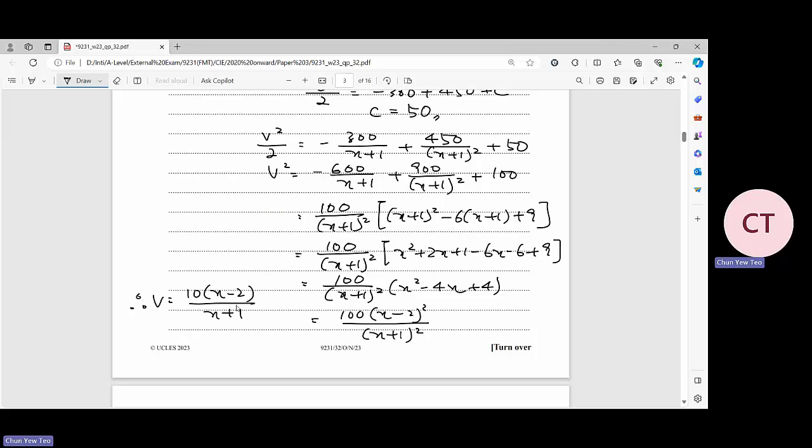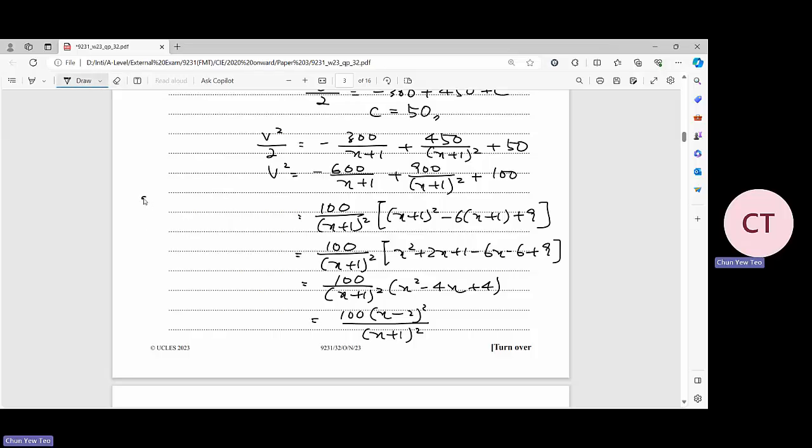But be careful, because we are having a plus and minus over here. So your v has two answers. We need to confirm which one is the correct answer. Because of the information given, they mentioned that when x equal to 0, v equal to 20. When you substitute x equal to 0 inside, in order to get 20, you must choose the negative value. So for this case, you have to be careful, and we need to mention clearly.